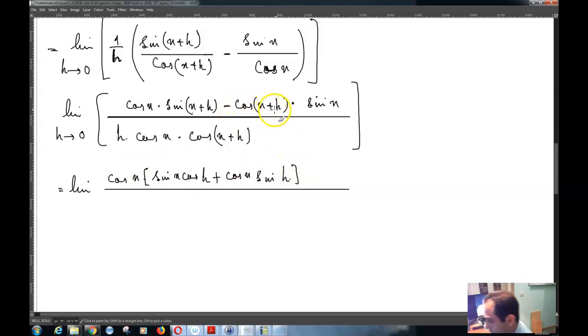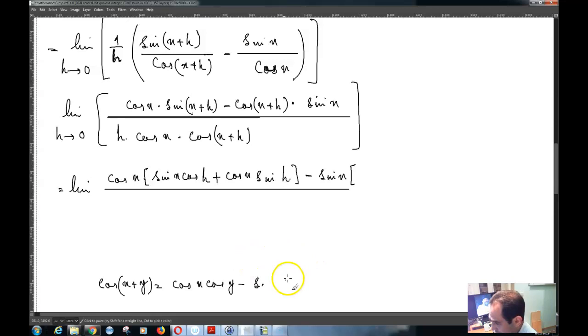Now cos of x plus y, you know that cos of x plus y is equal to cos x cos y minus sine x sine y.